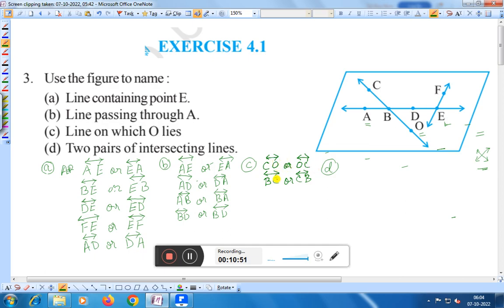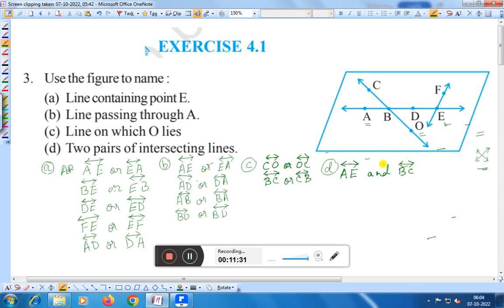Now, we can write AE and CB. So AE and BC are intersecting lines.